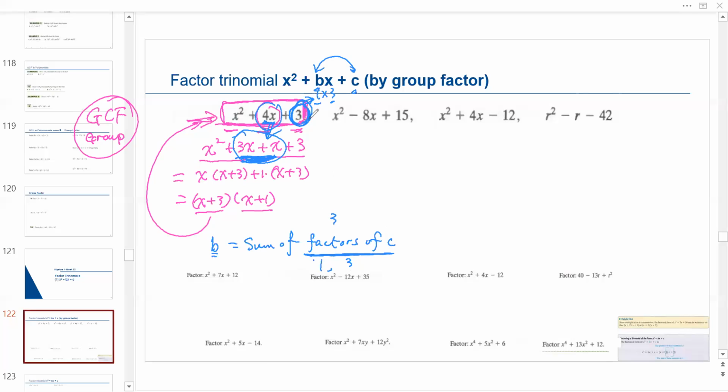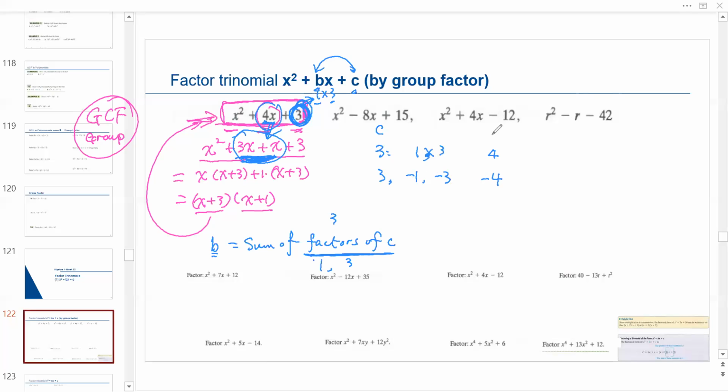It means you need to factor this one first. The only way to factor 3 is 1 times 3, or sometimes negative 1 times negative 3. This 3 can be factored into 1 and 3, or negative 1 and negative 3. The sum of the first two is 4; the sum of these two is negative 4.